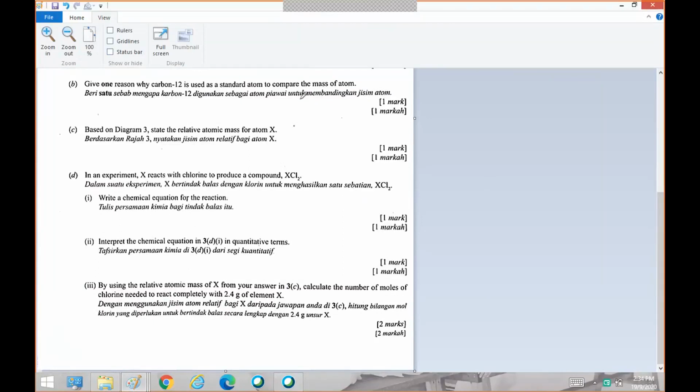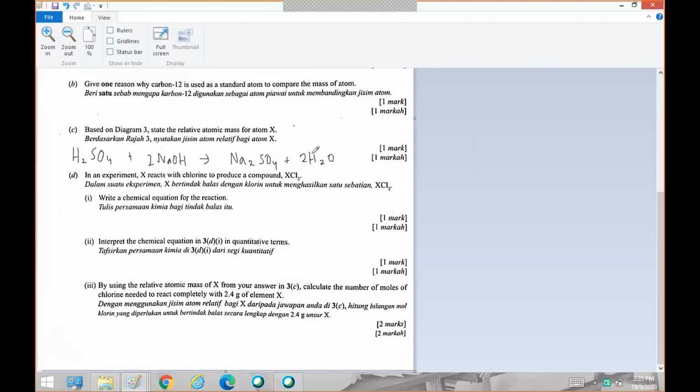For example, let's say I write H2SO4 reacts with zinc to form zinc sulfate. No, this is not a good example. Let's go for sodium hydroxide. So you balance the equation, you will get Na2SO4 and water.